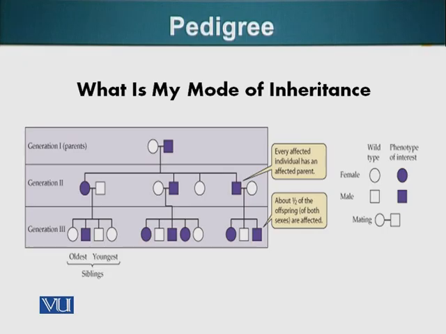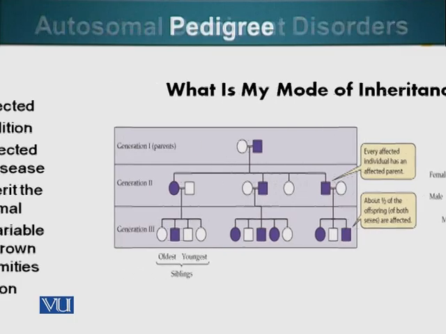So this is how you make a pedigree. Now let's look first at the features of autosomal dominant disorders, then autosomal recessive disorders, and then X-linked disorders. The whole purpose of this exercise is that if we want to investigate a human disease, whether it is dominant or recessive, we should be able to do that.